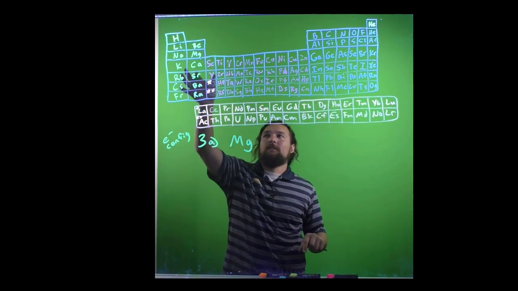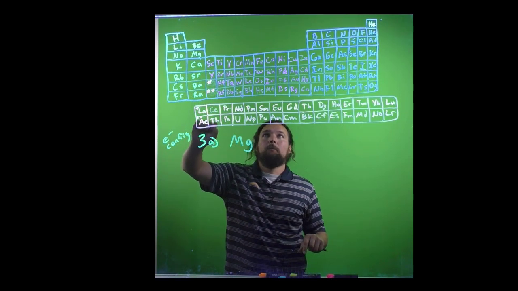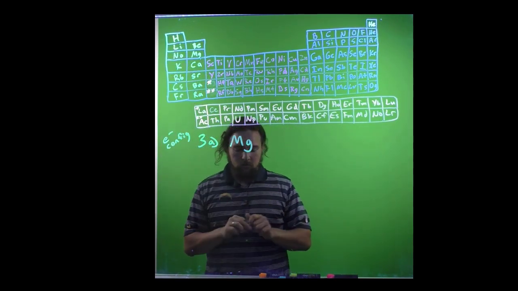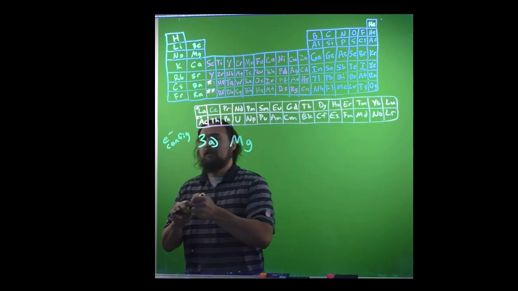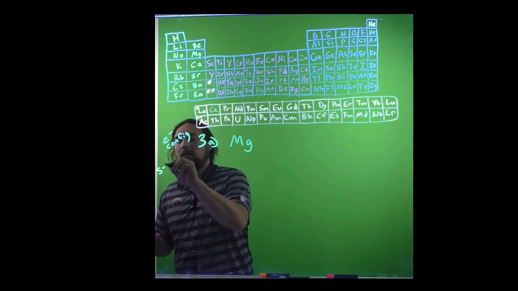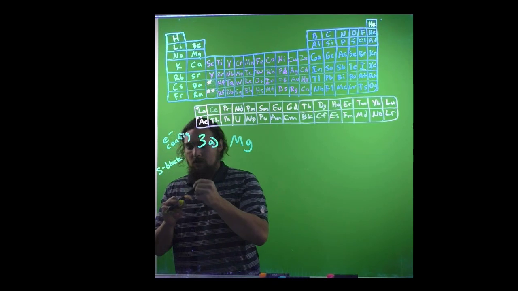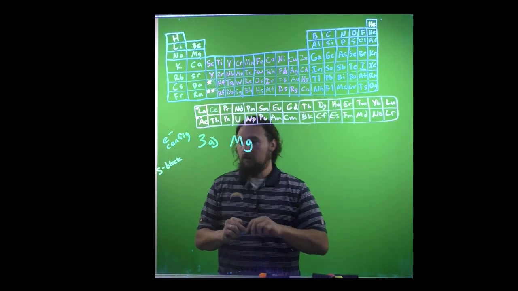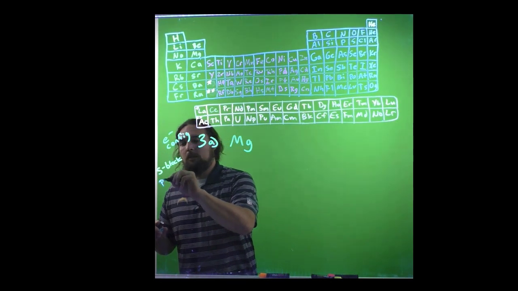And as you can see, I've kind of color-coded the periodic table. Everything that I've drawn in yellow represents the S block. Everything that I've drawn over here in blue represents the P block.